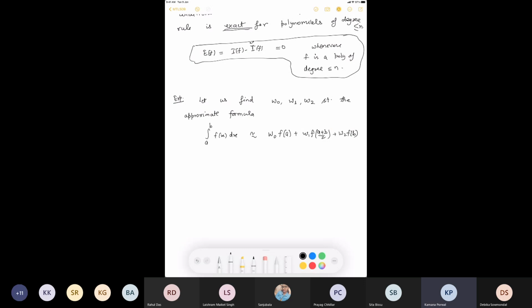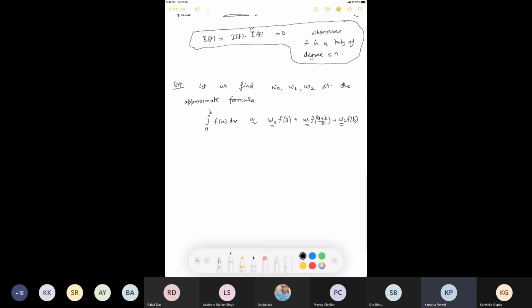So 3 nodes I'm using here, and the nodes are fixed.